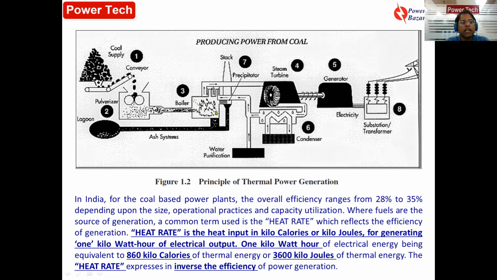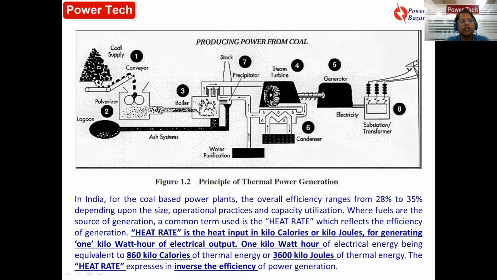The heat energy released from the coal is utilized to heat the water inside the boiler tubes, due to which steam at high pressure and temperature is produced, and this steam goes to the steam turbine.